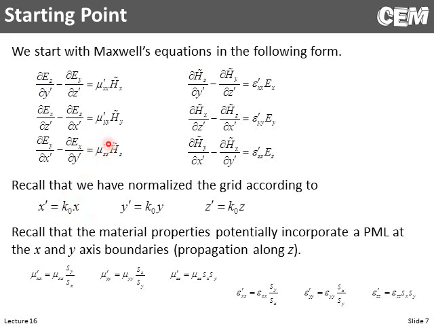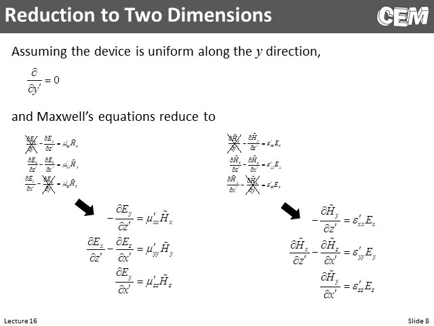Also notice the prime superscripts on the material properties, the epsilons and the mu's. We've potentially incorporated a PML. With the PML incorporated, we have these little prime superscripts. But this lets us formulate our method without really taking into consideration the PML. These are just lost terms that we can build into our mu and epsilons and then go ahead and jump into the model. And so we can formulate our model without thinking about the PML.